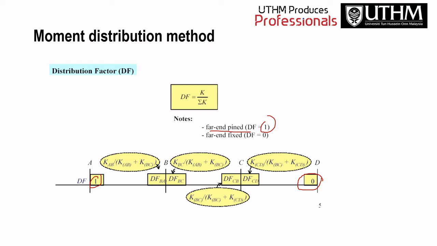So here you will have DFBA equal to KAB over KAB plus KBC. For DFBC, it is KBC over KAB plus KBC. When you calculate DF, you need to use the K for this value.